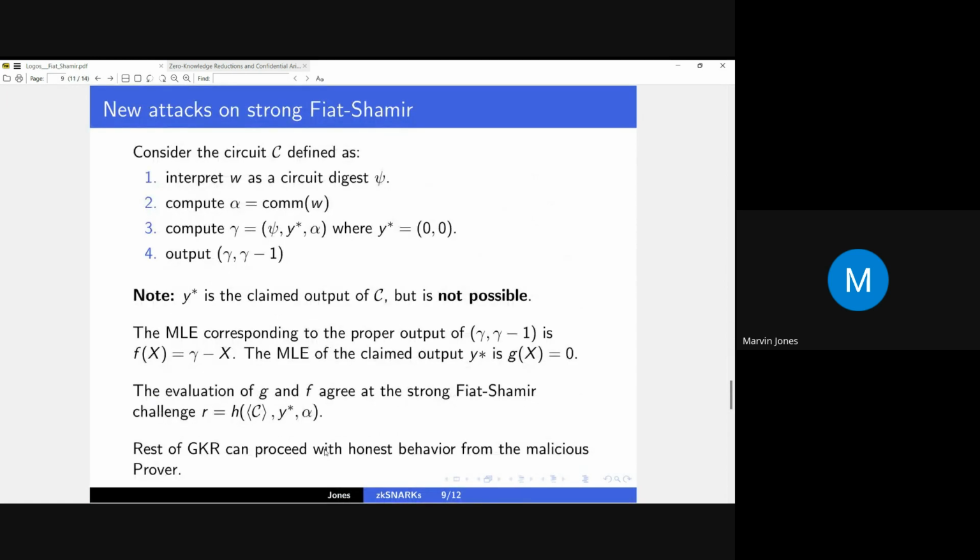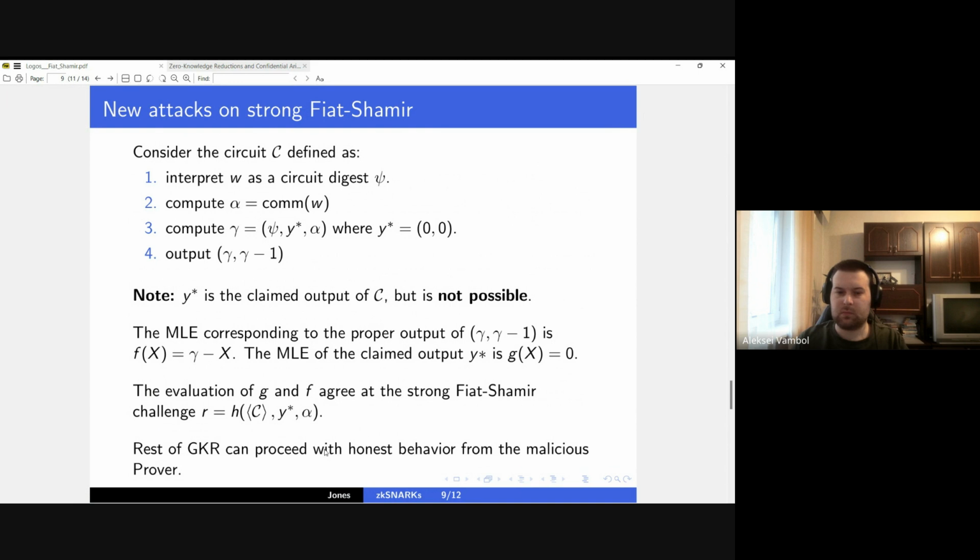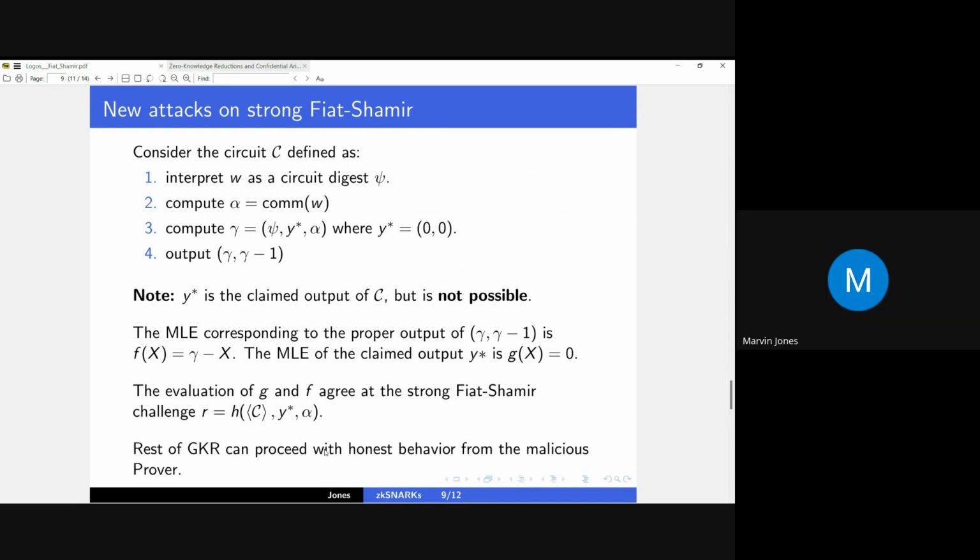Now with the new attack, this one's a little weird because I don't know of any cryptocurrencies that use GKR, but I think, and you can correct me, Nexus might use GKR in their ZKVM. And certainly there's a recent one that proposed using GKR called Sino.